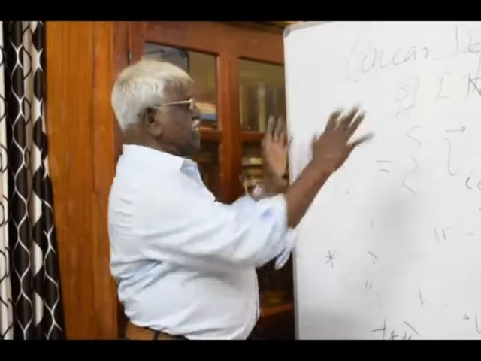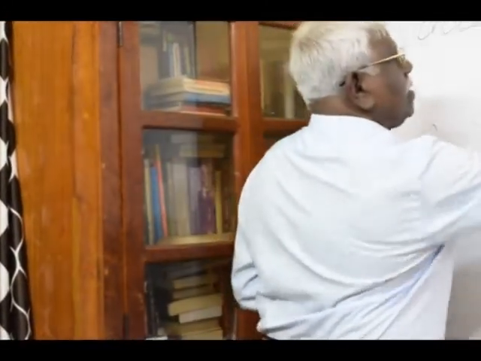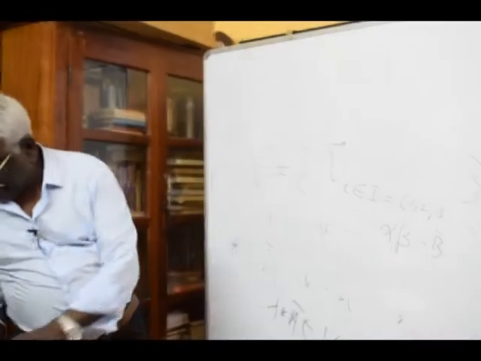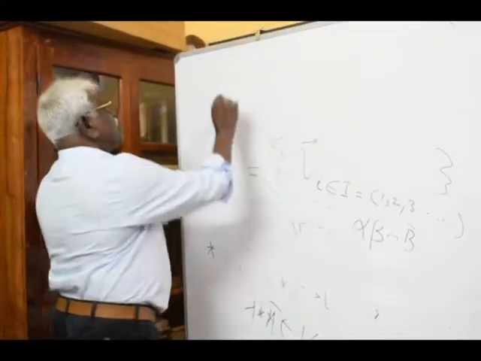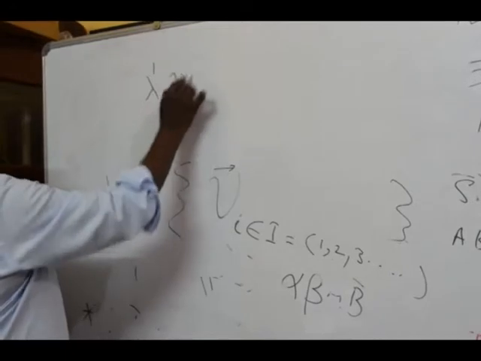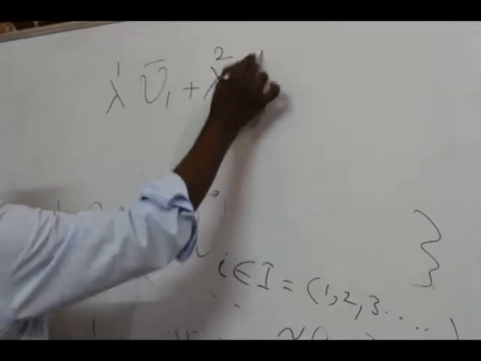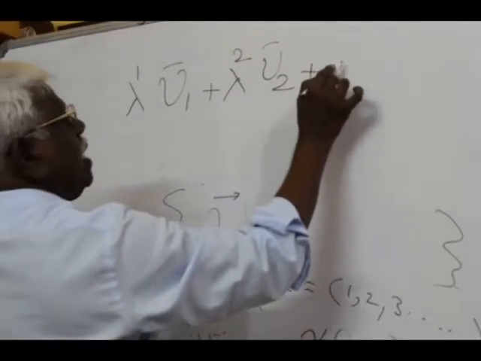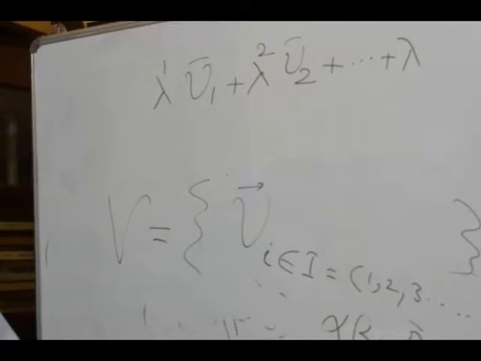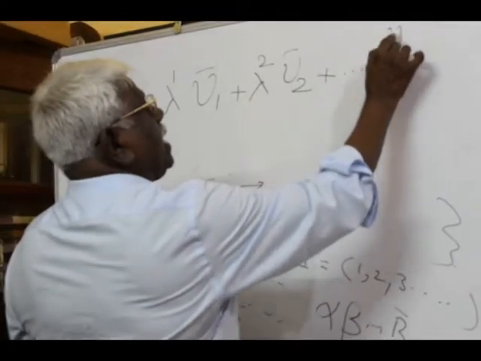Now construct a mathematical object out of non-zero vectors: lambda 1 v1 plus lambda 2 v2, etc., plus lambda n vn.